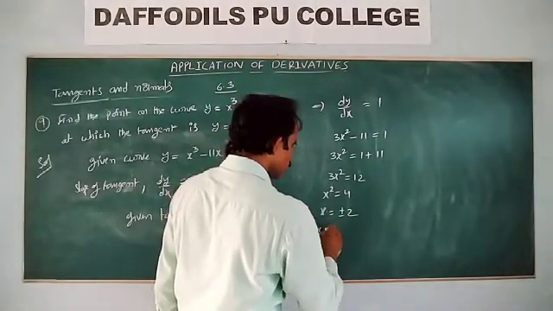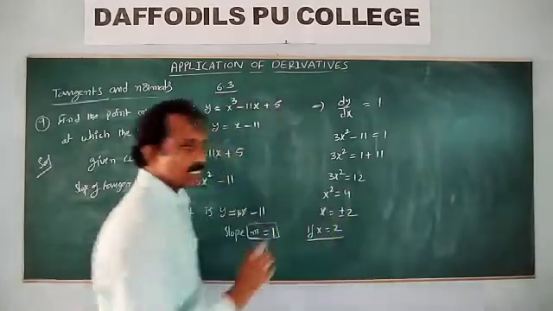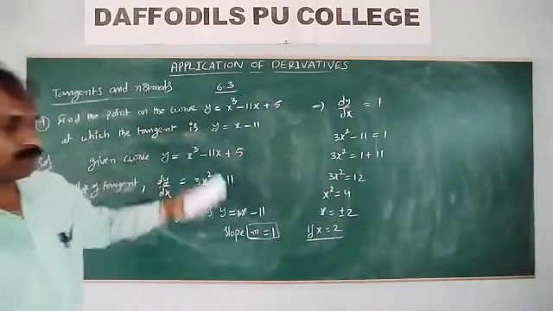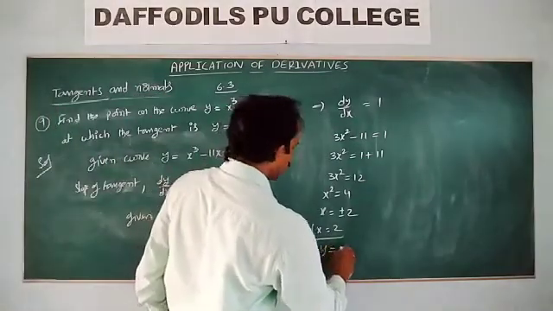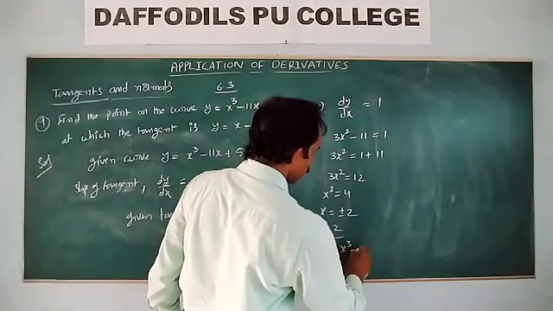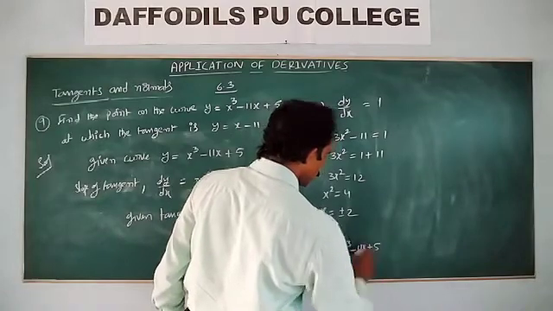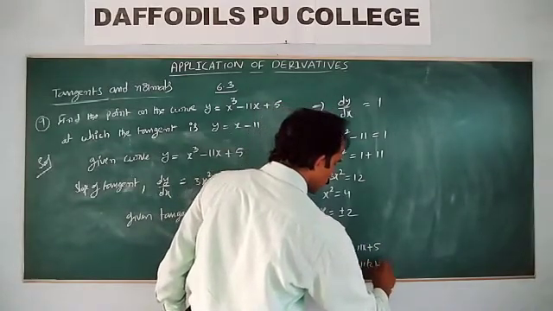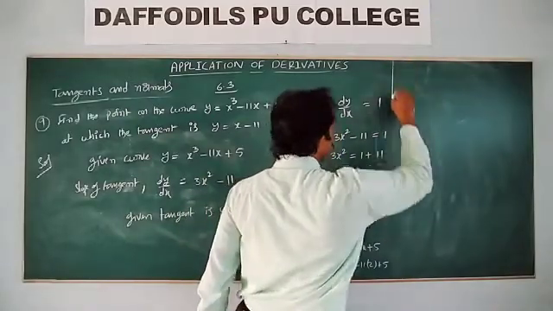Suppose x is equal to 2. What is the y value? Substitute in the curve, y is equal to x cube minus 11x plus 5. That implies 2 whole cube minus 11 of 2 plus 5.